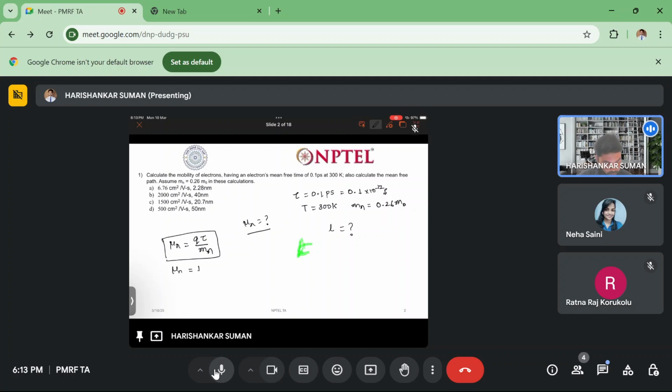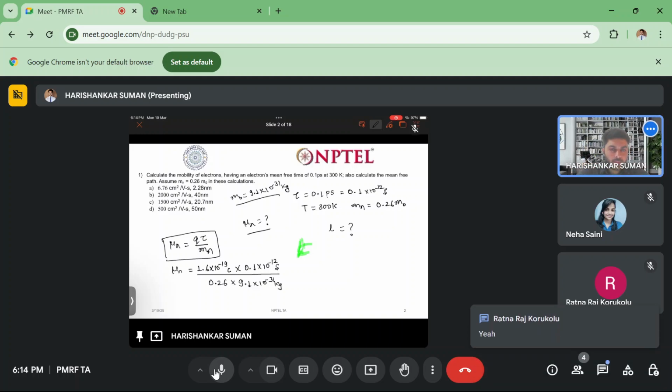So let me put the values. q is the electronic charge in coulombs, tau is 10^-12 second, and 0.26 m naught.